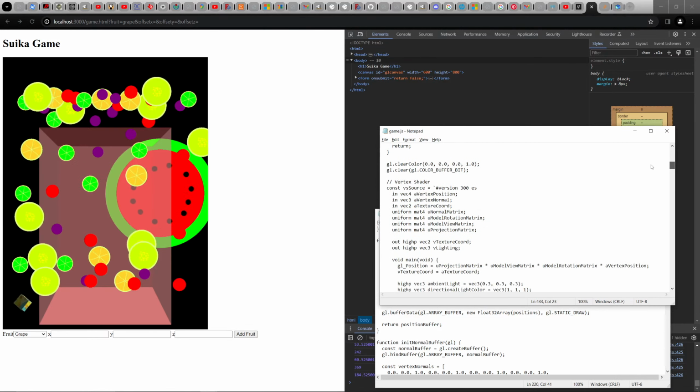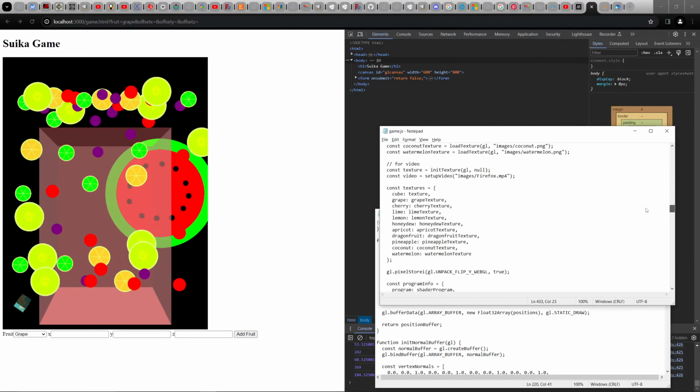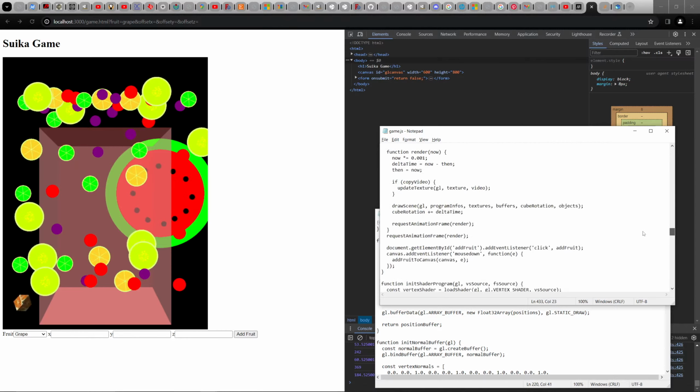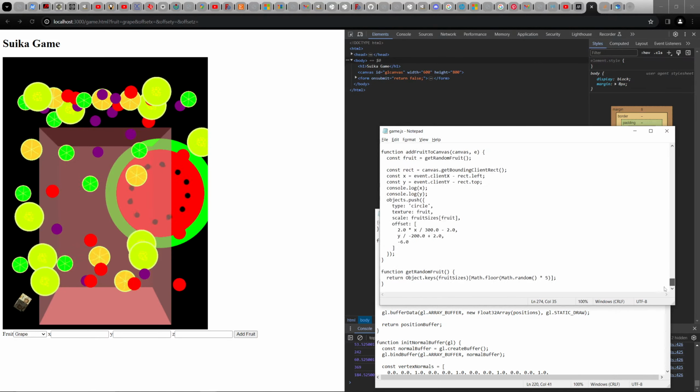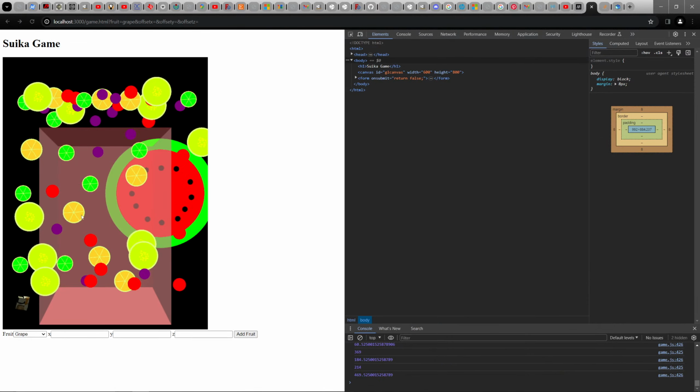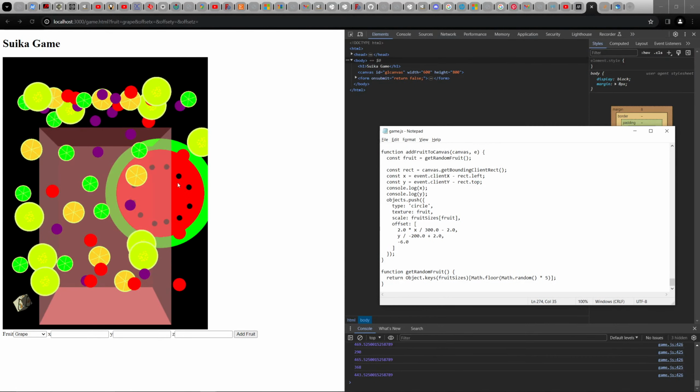Mouse up. Okay, so now instead of adding the fruit wherever I'm clicking, I want it to always be from the top. So that would be Y. So Y would be 0.